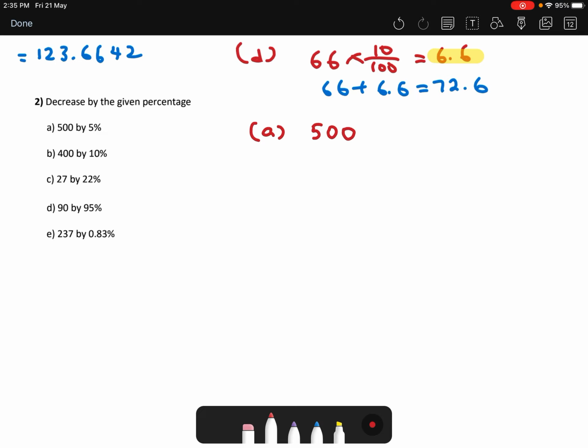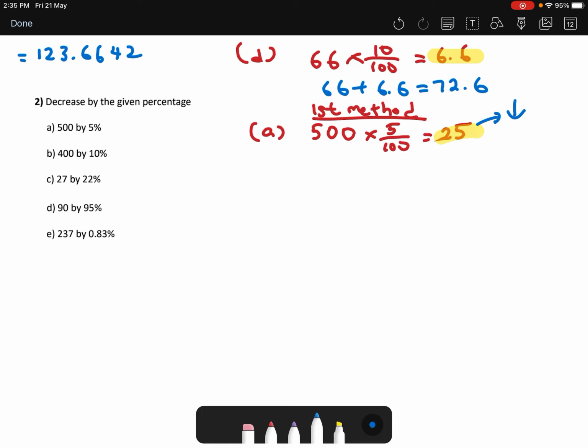Let me show you the first method and later the second method. So 500 you times 5 over 100. You should get about 25. So 25 is the decrease. So I decrease by 25.